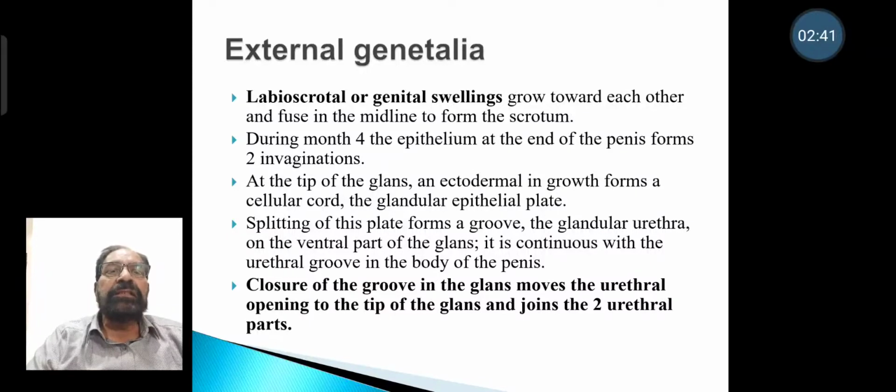Splitting of this plate forms a groove, that is the glandular urethra, on the ventral part of the glans. It is continuous with the urethral groove in the body of the penis. The groove in the glans closes, moving the urethral opening to the tip of the glans and joining the 2 urethral parts.